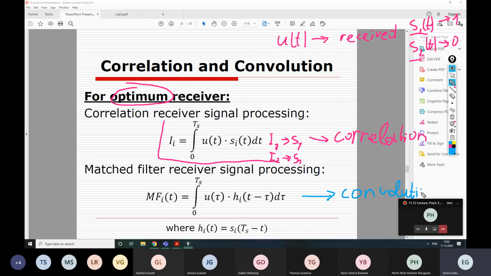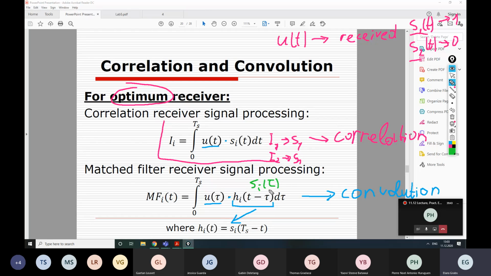They, of course, resemble each other because we have in both cases an integral with the same duration, we have the received signal, we have some other signal which is also multiplied, but they are a little bit different, where impulse response, let me remind you, is actually the mirrored version of the signal pattern which we are looking for. So basically, this is actually our Si signal, right? So if this is the same as Si from tau, then our formulas actually would be really the same.